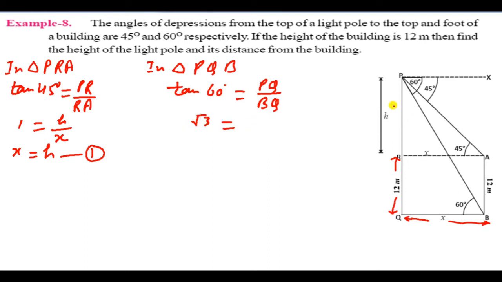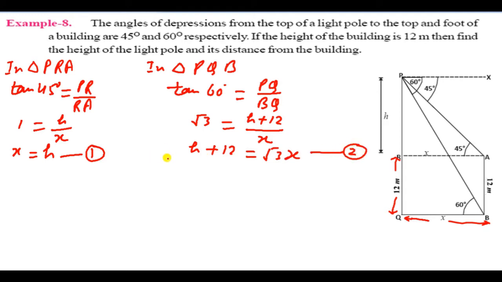PQ is H plus 12. So we can write here H plus 12 upon BQ as X. Now cross multiplication. So H plus 12 is equal to root 3 of X. Equation second.